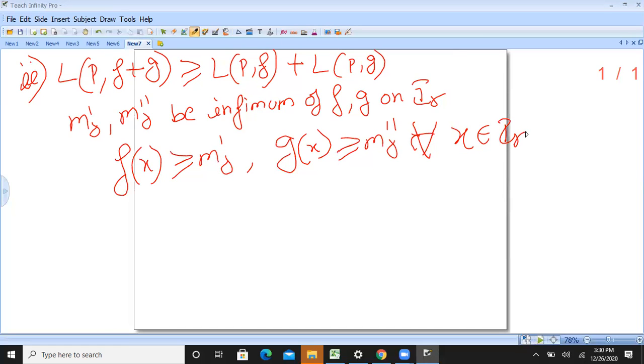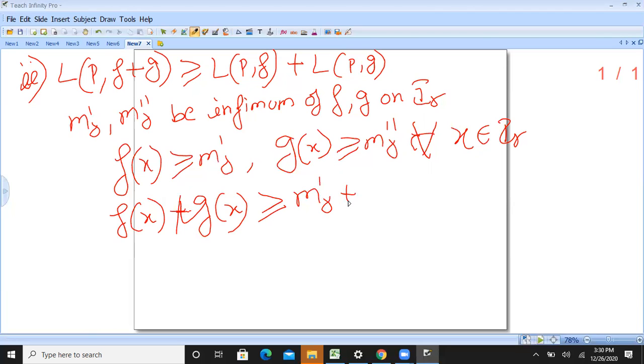So after adding both terms, f of x plus g of x is greater than or equal to mr dash plus mr double dash for all x belongs to IR.